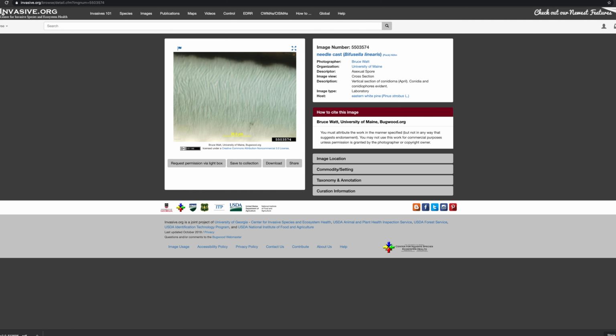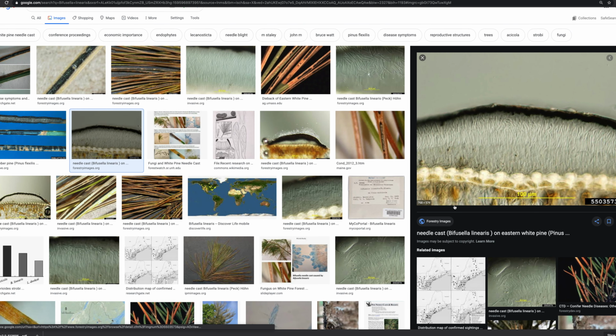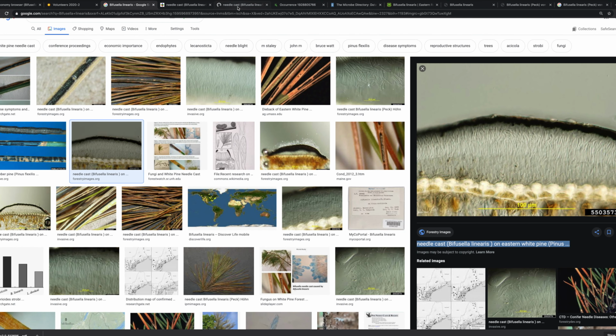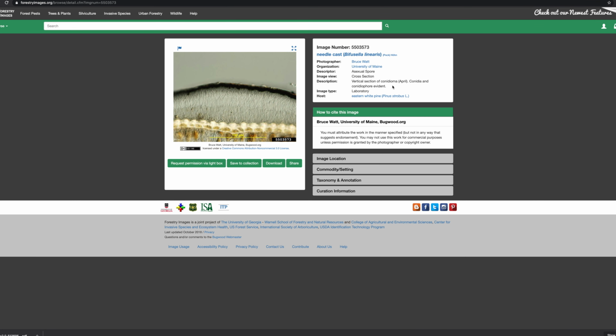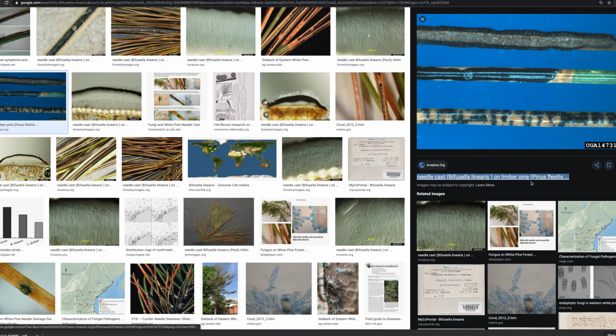So we have this website called invasive.org, and the descriptor is asexual spore, and that's it. Let's look at the next one. So we have another one. We have another spore. So we have another picture.